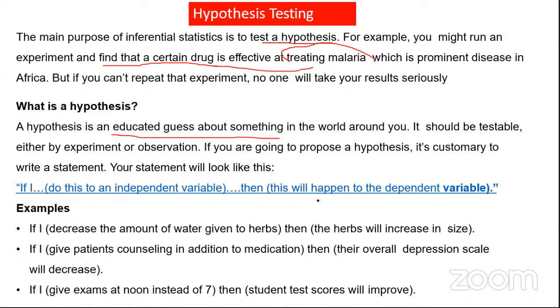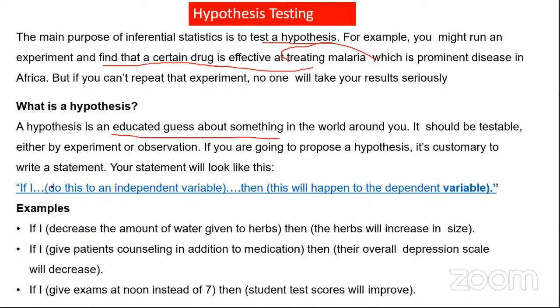And I try to give an example to guide you on how you can set your research hypothesis. To do that, you may basically start by looking at your dependent and independent variable and try to bring them together.